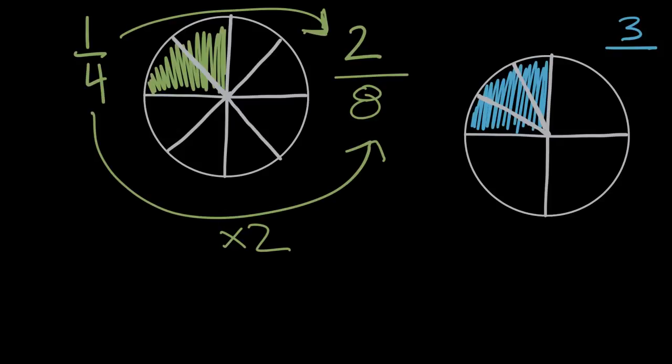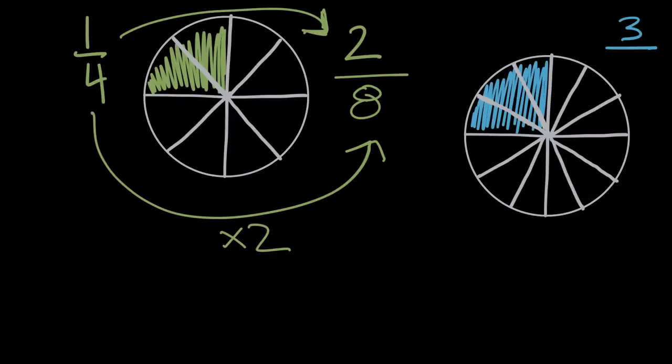But we can't do our denominator yet because we don't have equal size pieces. So to get equal size pieces, we'll need to split each of these 4ths into 3. So we are tripling the amount of pieces.